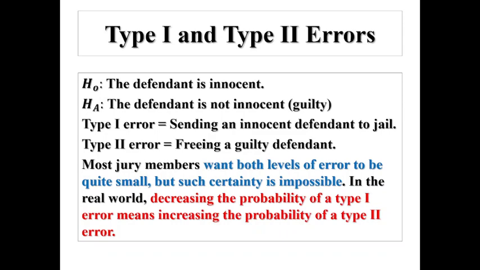If I want to decrease this probability, it means what? I can make the assignment easier, or I set the criteria lower. So if I set the criteria too low, then I make a type 2 error.